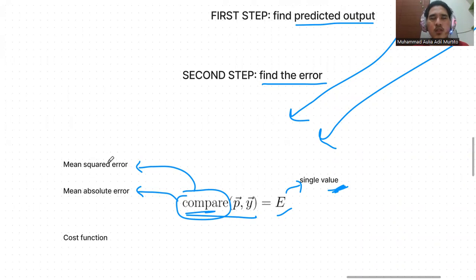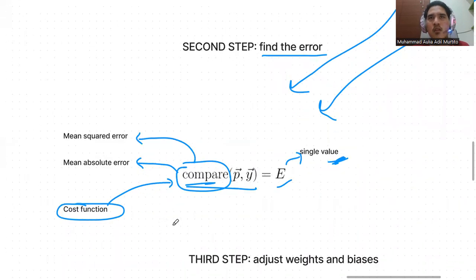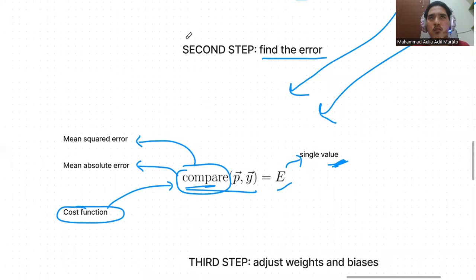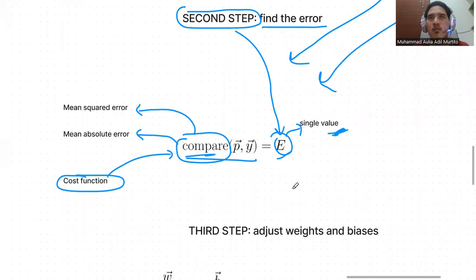But basically, it is just an error calculation formula. Another thing I want to note is that this compare function could also be called a cost function. So the second step gives us the error, okay? The error here.